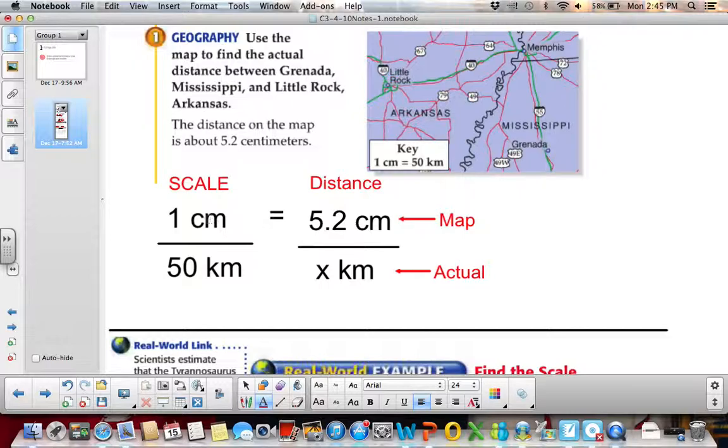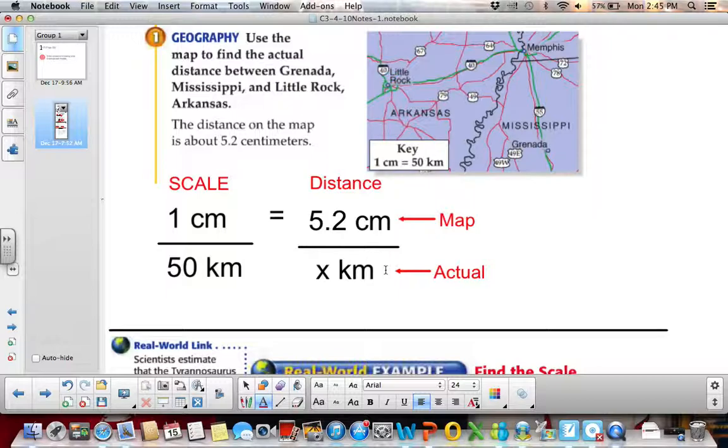On the map, it's 1 centimeter, and in the real world, it's 50 kilometers. On the map, the distance is 5.2 centimeters, and in the real world, it is x kilometers, which we're trying to figure out. Notice how we have scale together, distance together, but also map on the top, actual distance on the bottom.